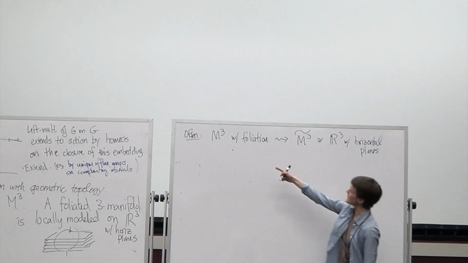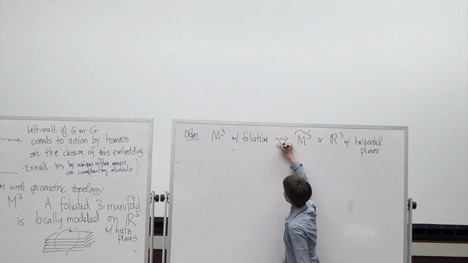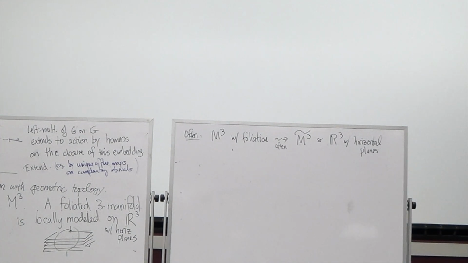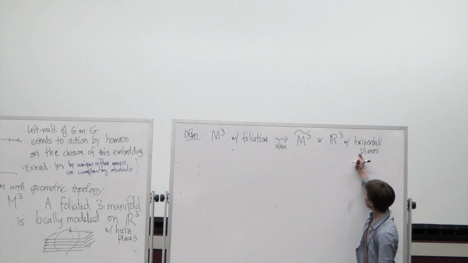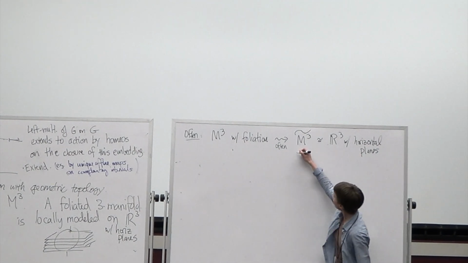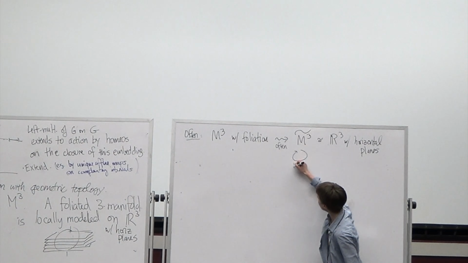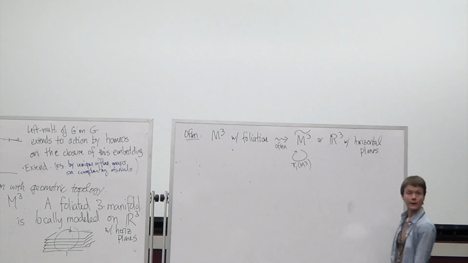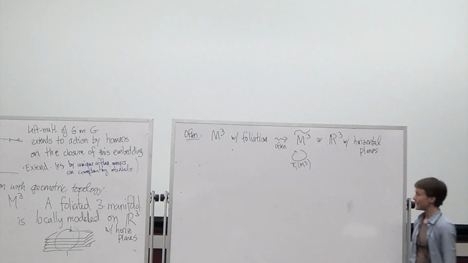This isn't always true, but under some mild other assumptions of topology, you'll get something like this. Well, on this, I have an action of the fundamental group by deck transformations on the universal cover.